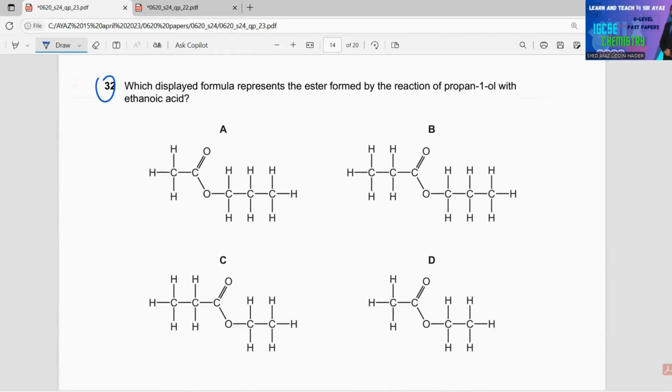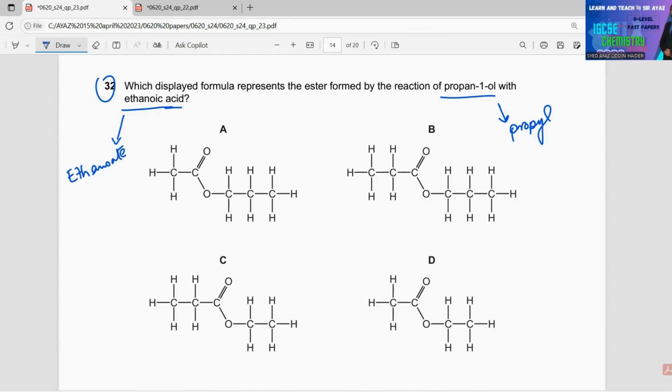Which displayed formula represents the ester formed by the reaction of propan-1-ol with ethanoic acid? So we have the reaction between alcohol and carboxylic acid to produce ester. Remember, the alkyl group must come from the alcohol. So in this case, you will be getting propyl coming from propanol and ethanoate coming from ethanoic acid.